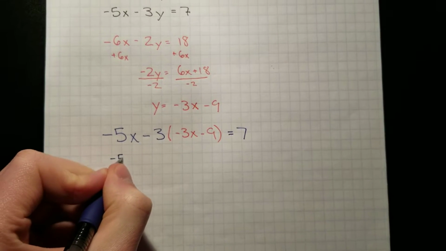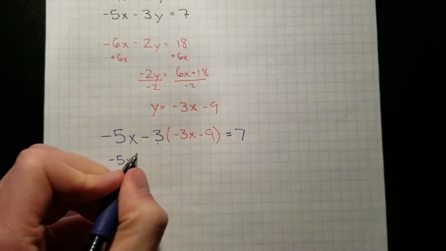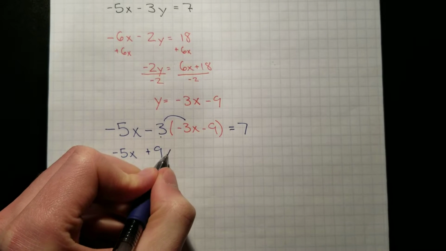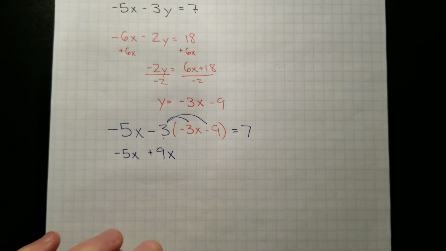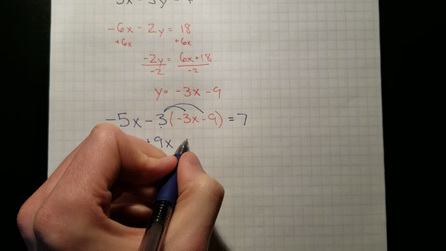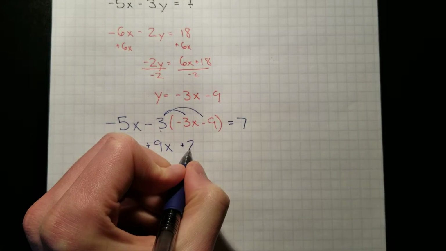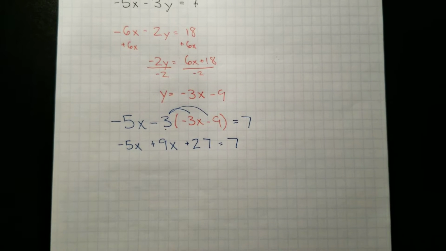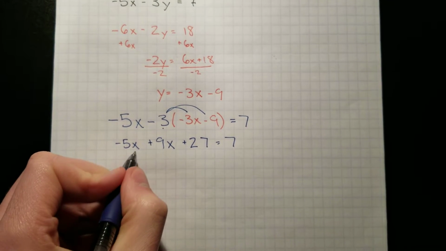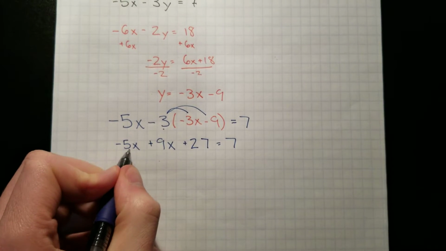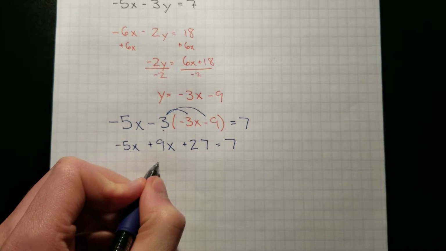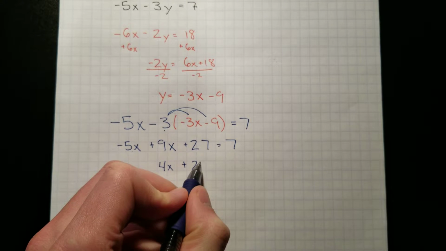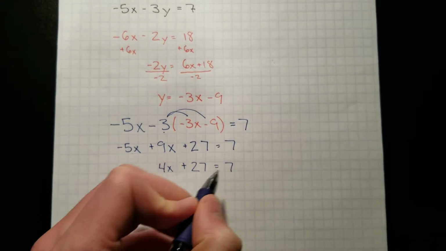So carry down the negative 5x. Negative 3 times negative 3x is positive 9x. And negative 3 times negative 9 is positive 27 equals 7. Okay, so now we're going to combine like terms, and negative 5x plus 9x is 4x. And we carry down the 27, carry down the 7.